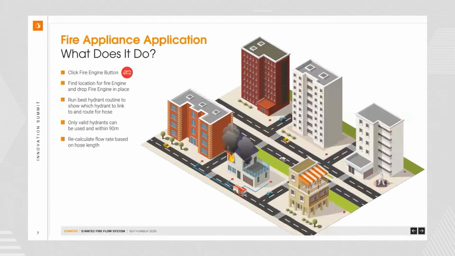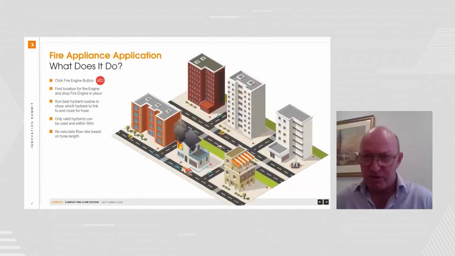For very large buildings, fires are often localised, and the point at which to attack the fire determines which hydrants should be used. The fire flow system gives the fire services the best hydrants to use at any point of attack, and it will also generate the hose routes and lengths for them to use, and they can recalculate the available fire flow on that basis.